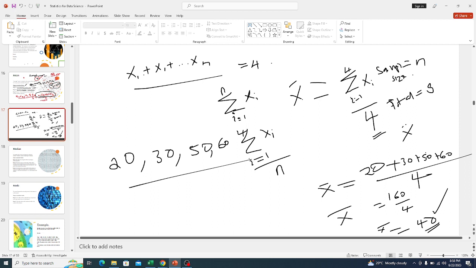So our mean, that is x bar, will be s divided by n.